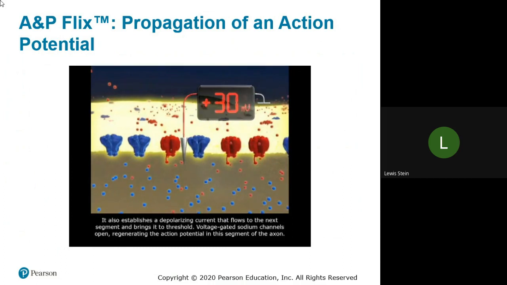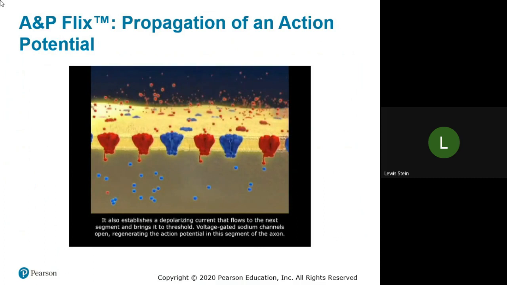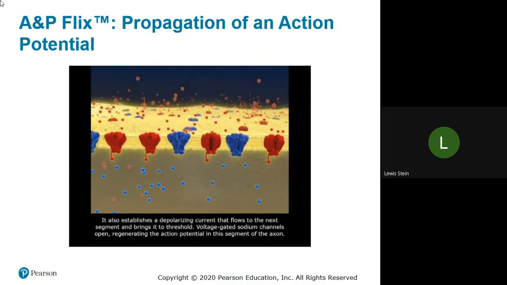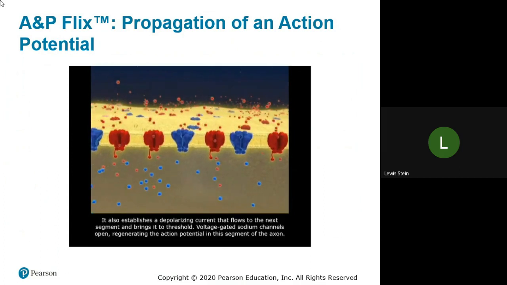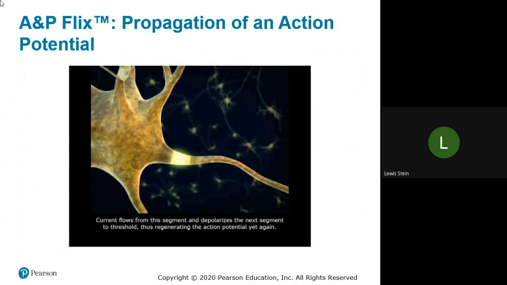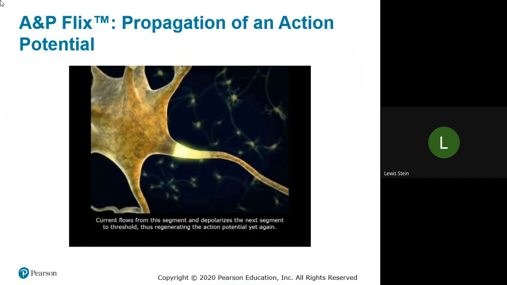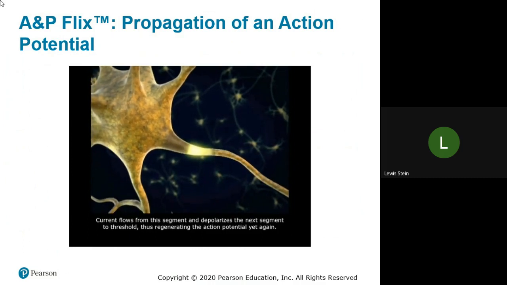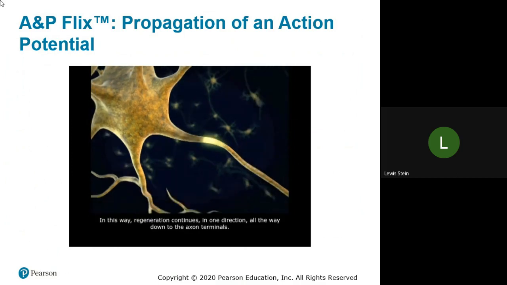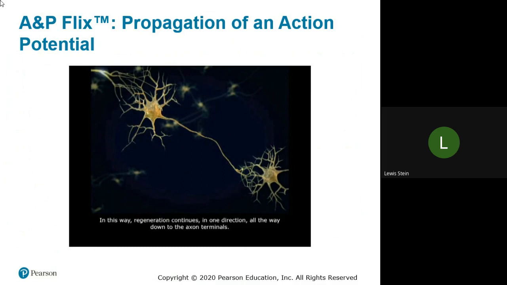It also establishes a depolarizing current that flows to the next segment and brings it to threshold. Voltage-gated sodium channels open, regenerating the action potential in this segment of the axon. Current flows from this segment and depolarizes the next segment to threshold, thus regenerating the action potential yet again. In this way, regeneration continues in one direction all the way down to the axon terminals.